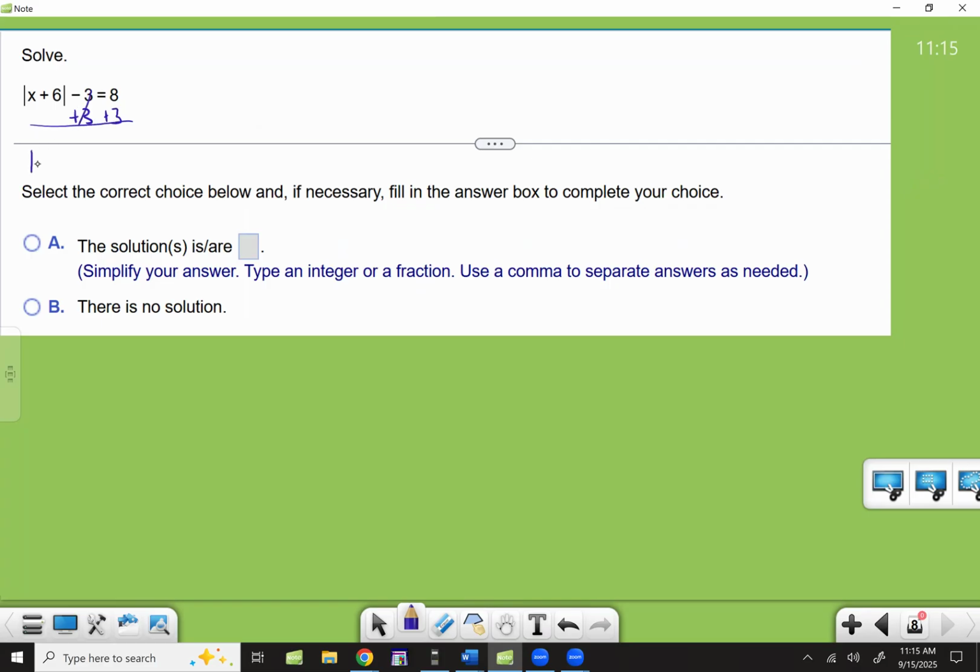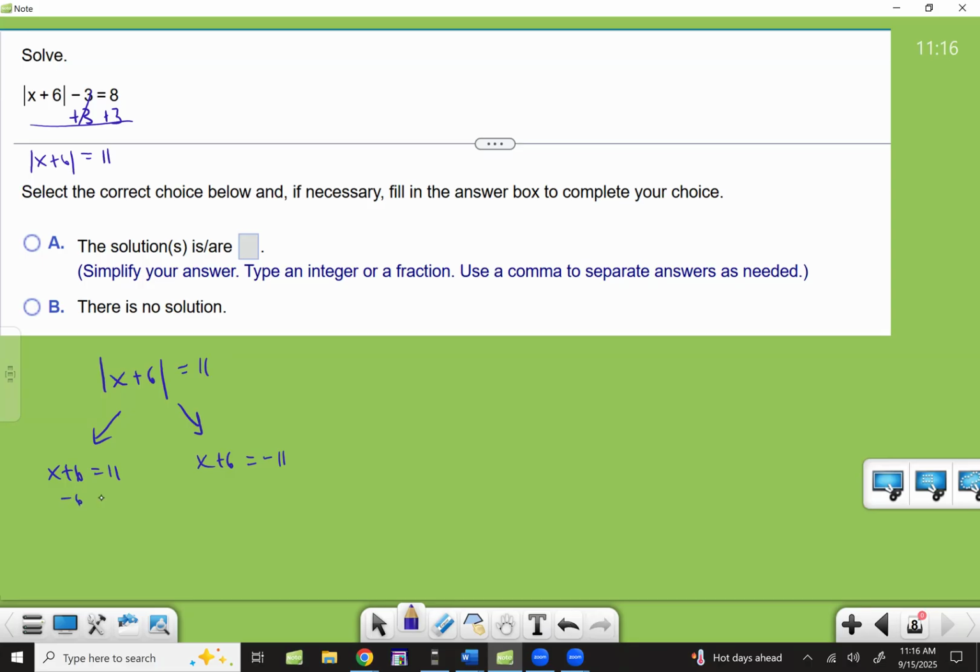So now we have the absolute value piece by itself, and 8 plus 3 is 11. So once you get to here, you're going to do exactly what we did on the last problem, your 2 cases. X plus 6 either equals 11 or x plus 6 equals negative 11. Make sure you're only changing the right-hand side, that you aren't changing the stuff inside the absolute value. Okay, and then just solve these.